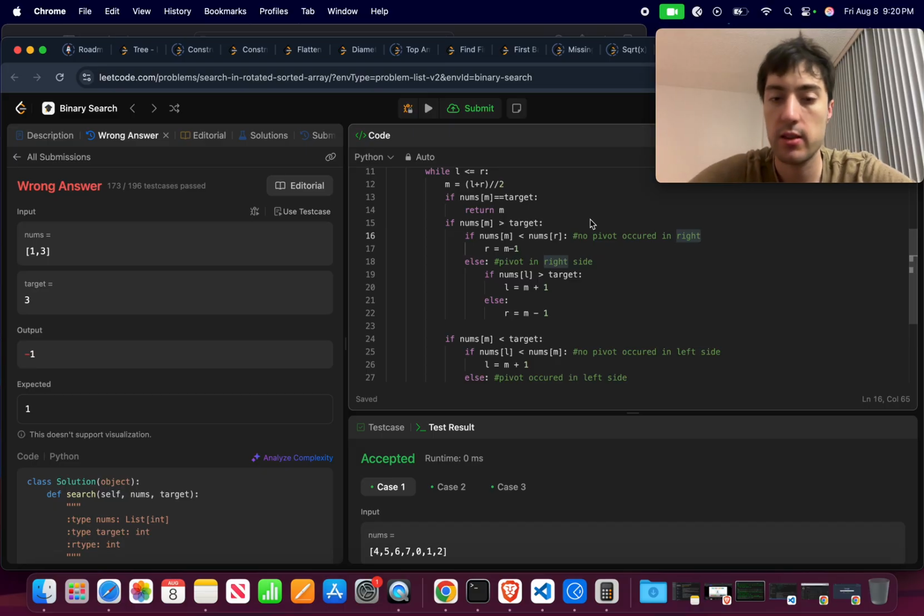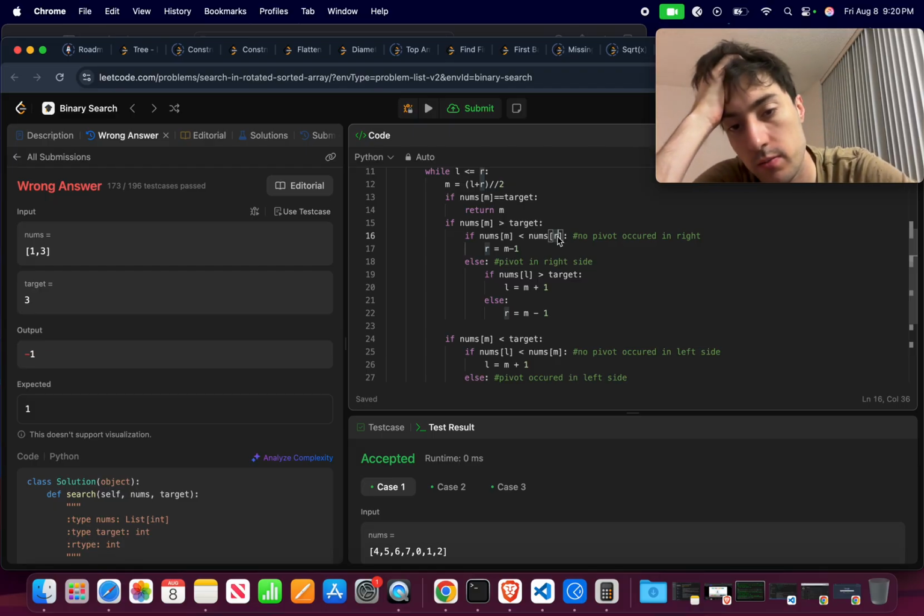Okay, let me look at this exact thing right here and talk it through with myself to try to figure out, like, okay, well, where did I go wrong and what was I thinking? So the midpoint is smaller. Yeah, the midpoint is smaller than my right. Wait, doesn't that imply that no pivot occurred in the right?